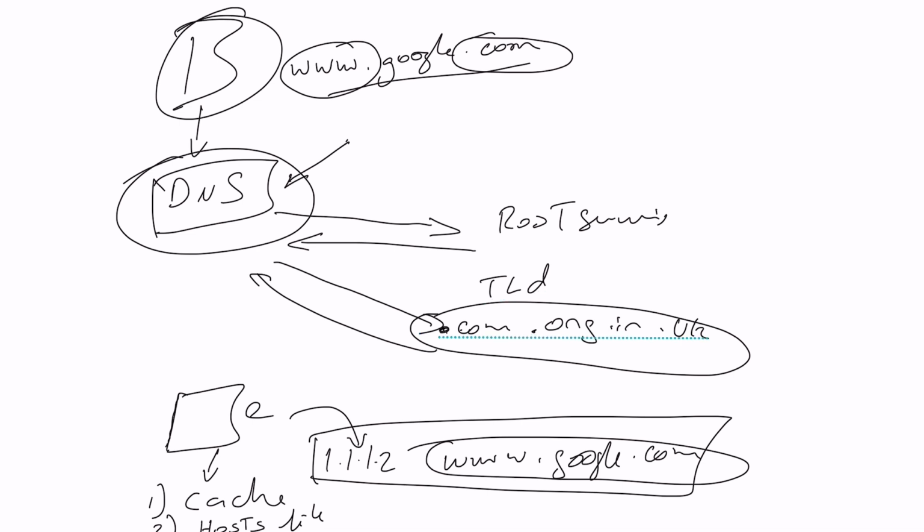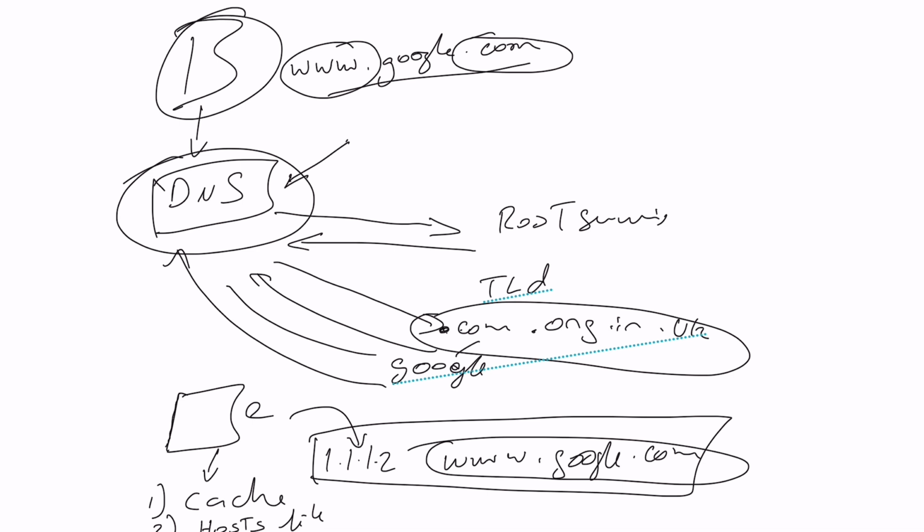google.com DNS servers. Then again it will connect to the authoritative servers of Google, and these google.com authoritative servers will respond with the address of www.google.com. This all happens within milliseconds, ideally within 50 milliseconds, instantaneously.